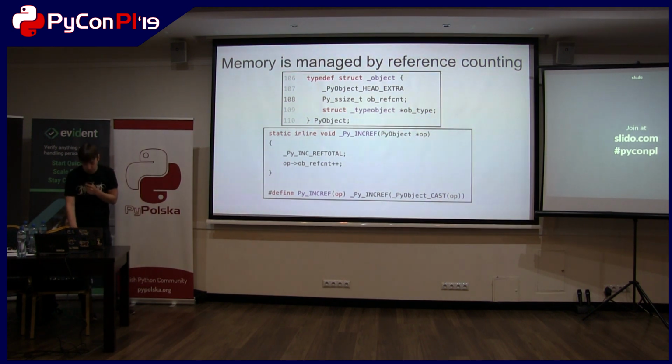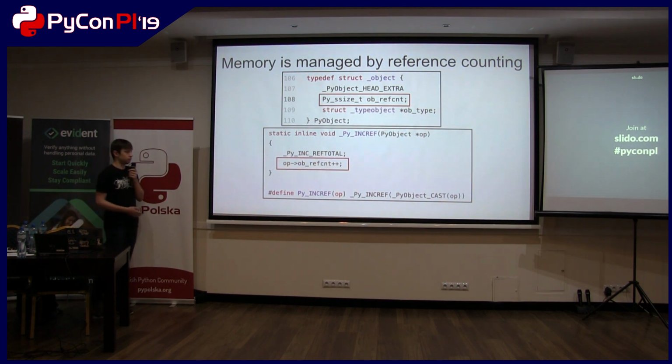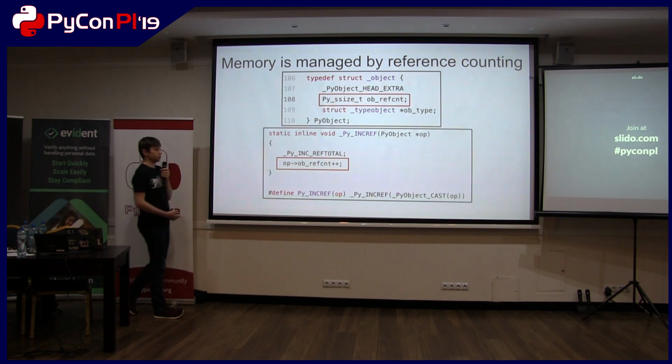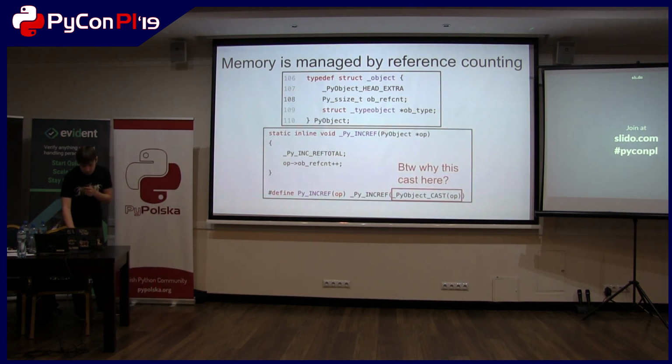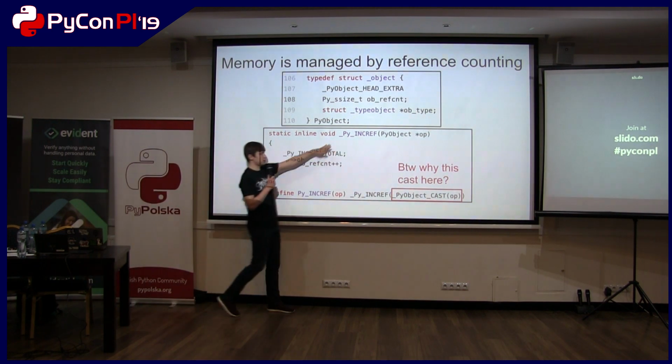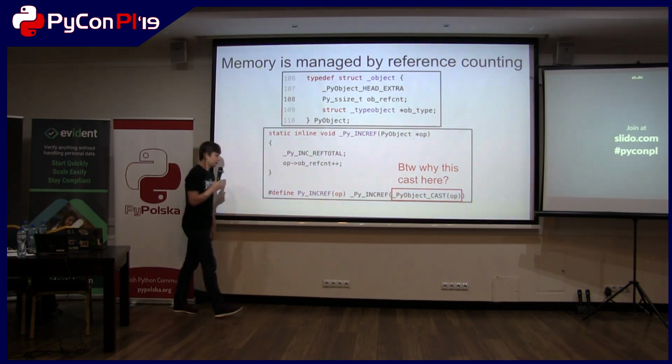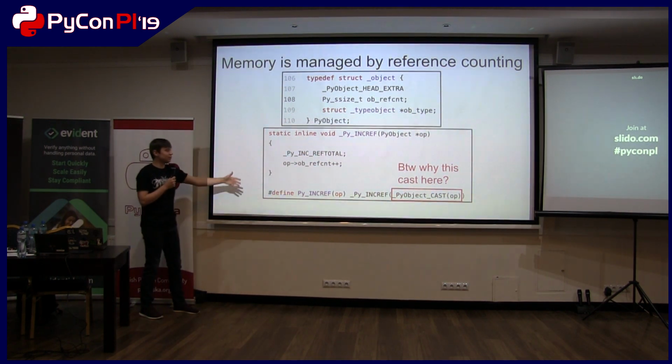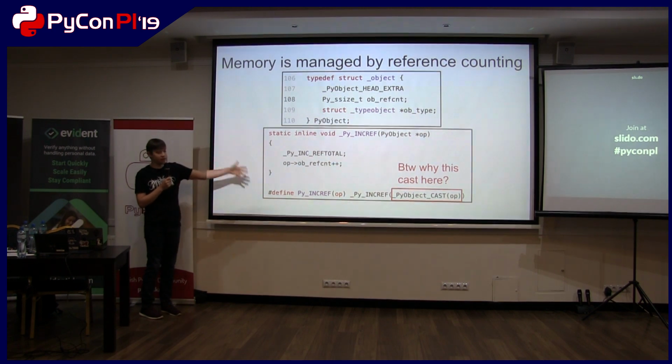Here is this Py_INCREF function, and it actually increases the value of the ref count. The thing is that they use the macro Py_INCREF because the function starts with an underscore. So the question is, why do they use a macro instead of just calling this function?